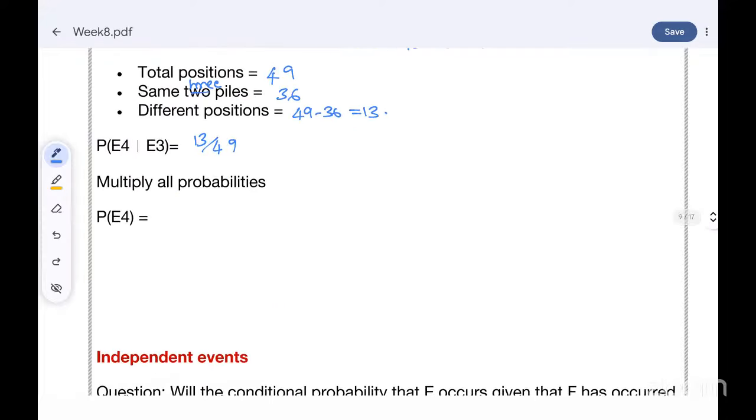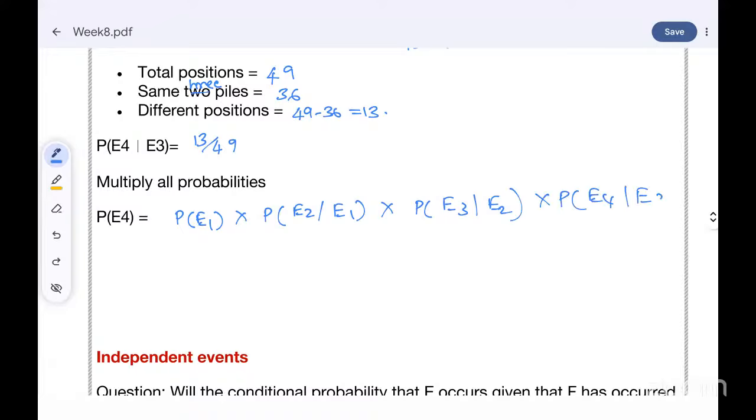Now multiply all the probabilities. Probability of E4 is probability of E1 into probability of E2 given E1 into probability of E3 given E1 intersection E2, which is the same as E2, so I will write simply E2, and into probability of E4 given E3.